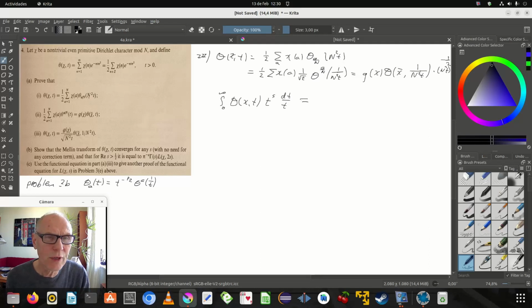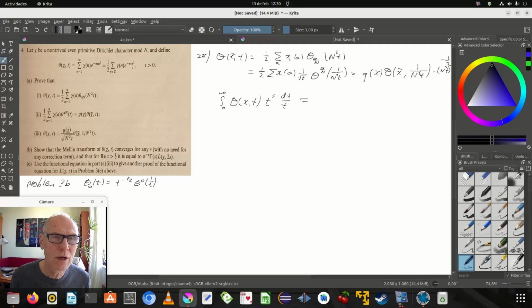Actually, I think, I don't know what I think. Basically, my instinct was to use this formula, but we can just as well use this one, I think.